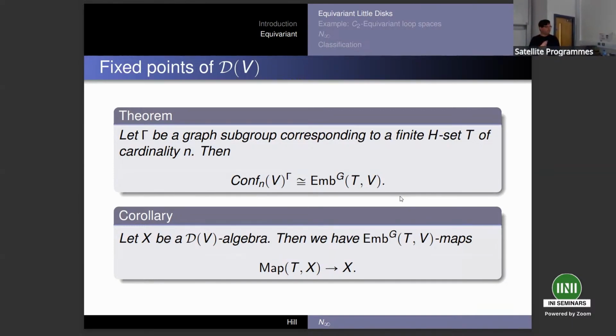And the way to think about this is to think back to that description I gave of how G cross sigma n acts. I said it looks like this conjugation action. Now, if I had my graph subgroup, then G is acting by moving the pieces around, and sigma n is acting by permuting the slots. And then G acts by permuting the images.